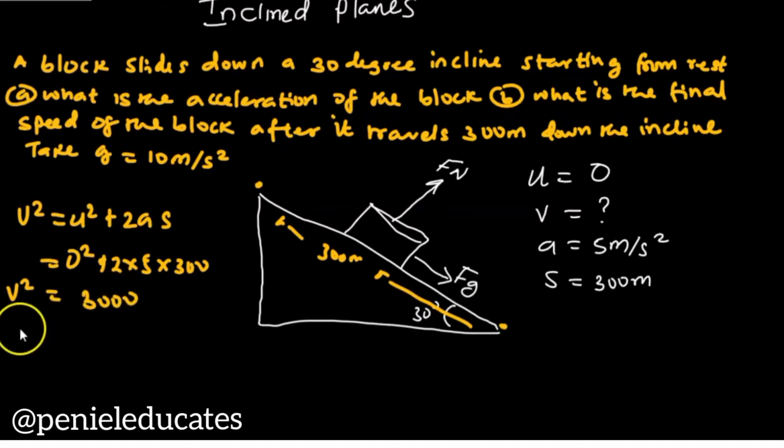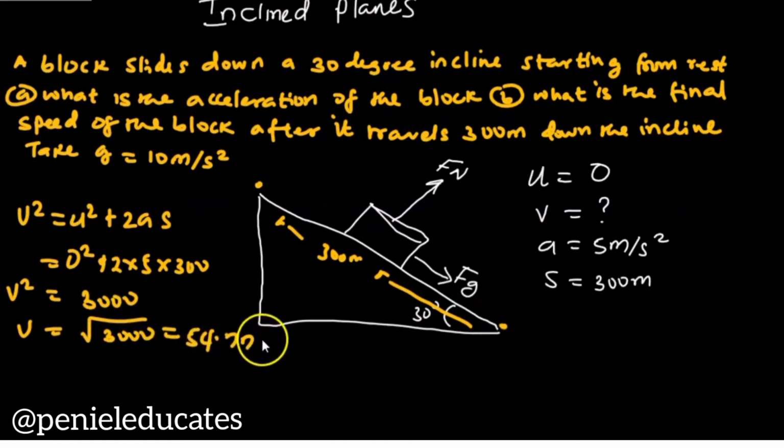If you take the square root of both sides, v is the square root of 3000, and your answer will be 54.77 meters per second. So that's the velocity after it has traveled down the plane 300 meters.